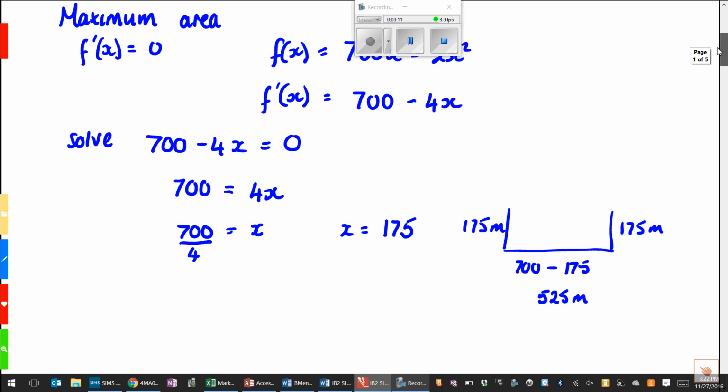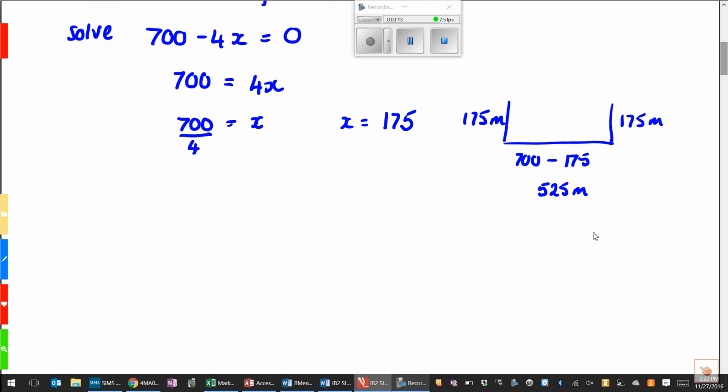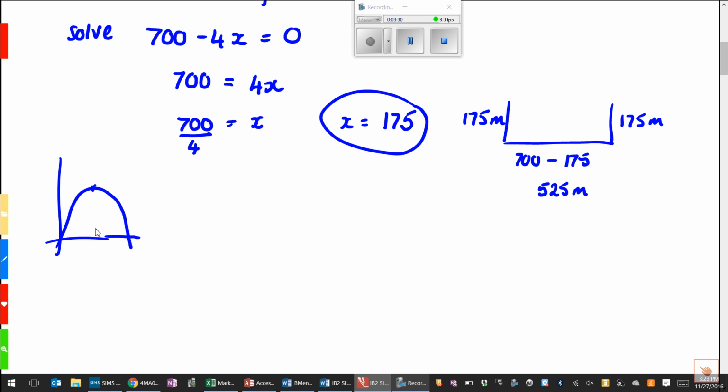Now, because of the level we're at, we should show that this value here would actually be a maximum. So we could either sketch, and we would see we've got a quadratic at this point where x is 175, which is one way.